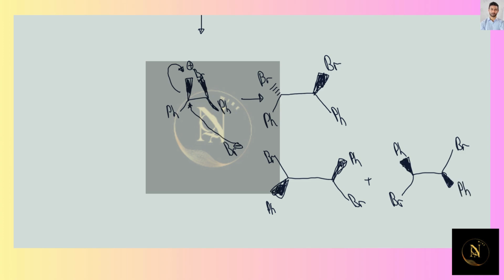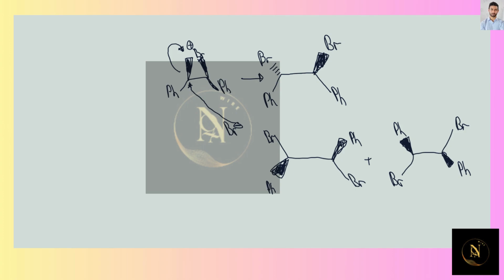Now, just to determine the order of priority, remember that according to the Cahn-Ingold-Prelog rules, we are going to look at the atomic number directly. So whenever we have a chain, what we need to identify is what is going to be the next thing. For example, in this case, the phenyl has first a carbon atom, then double bonds, another carbon atom.